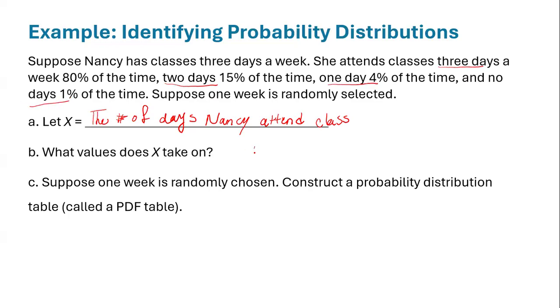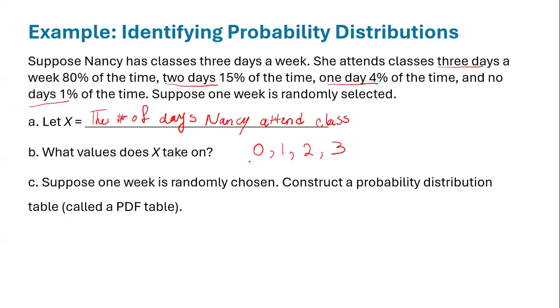So these are the numbers that x can have. That means x can be 0, that means Nancy does not attend any classes. 1, attends only one day. 2, attends 2 days a week. And 3, attends 3 days a week.